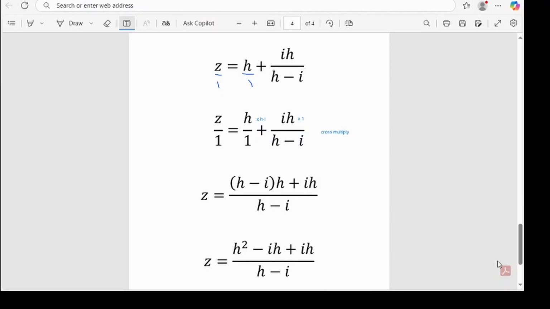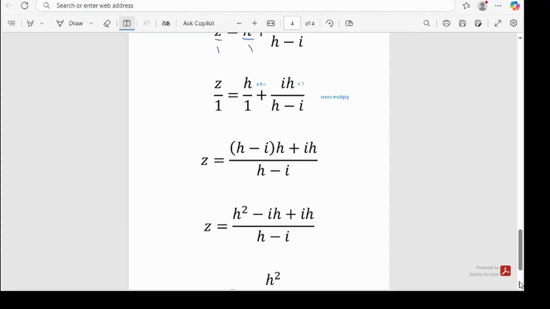So let us expand the equation. So here you expand the equation, okay. So in expanding, we are going to get Z equals H multiplying H will give you H squared.